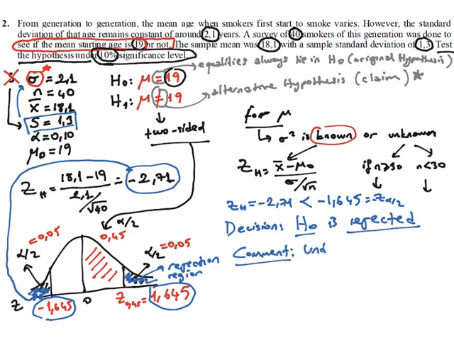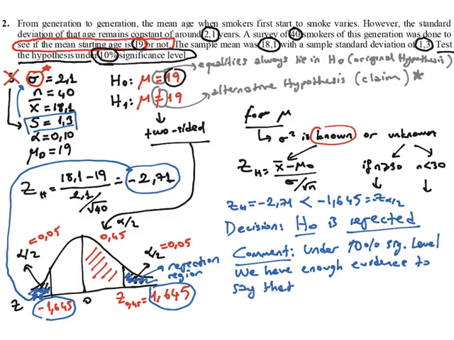This means that under 10% significance level, we have enough evidence to say that the mean age is not 19 for smokers actually.